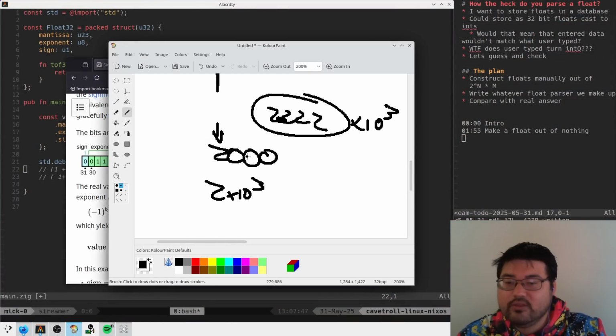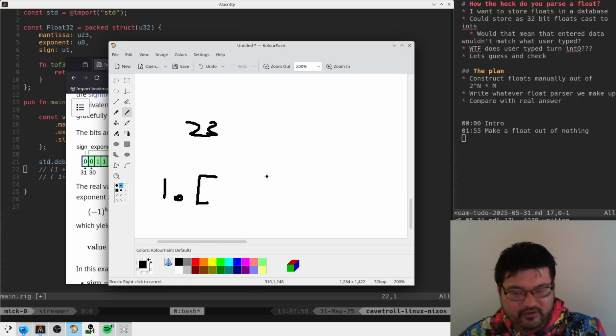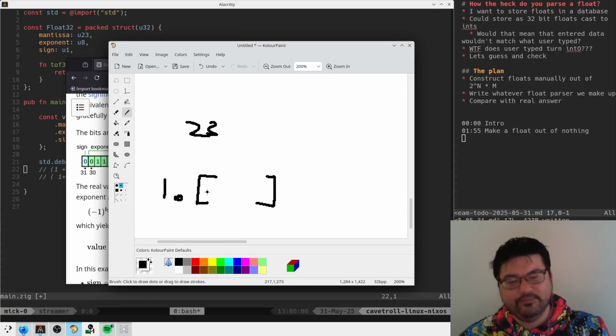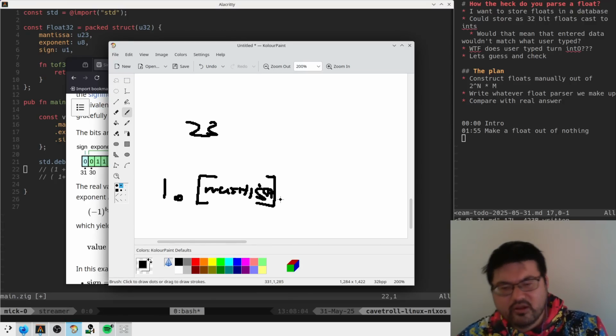So I think that the number is, you have 23 bits in binary to show like 1 point something, right? This is the mantissa.